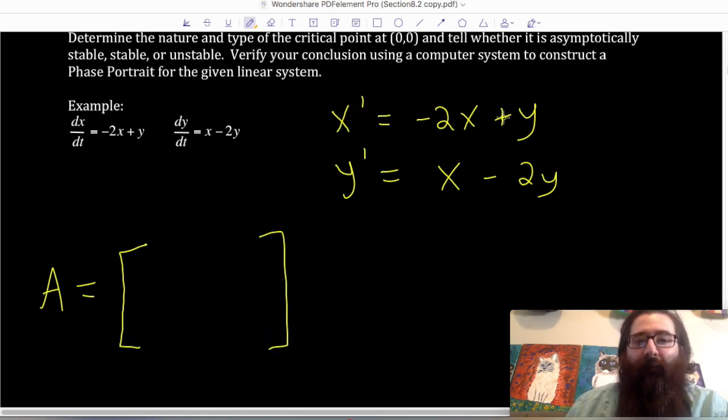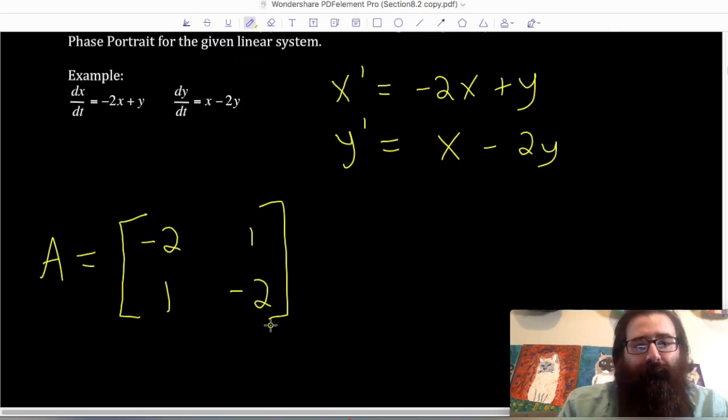So x prime, the coefficients on x and y in that order, build my first row: negative 2, and 1. Then y prime, the coefficients on x and then y, build my second row: 1 and negative 2.